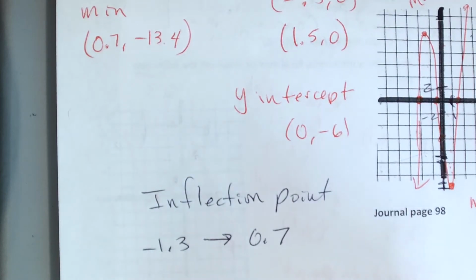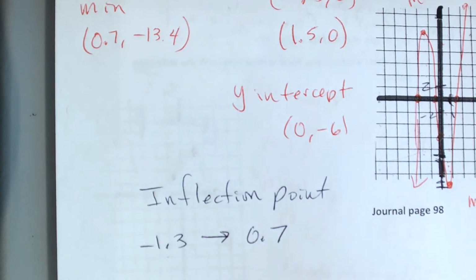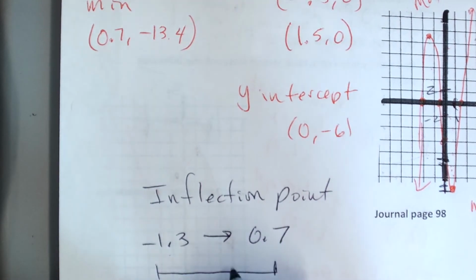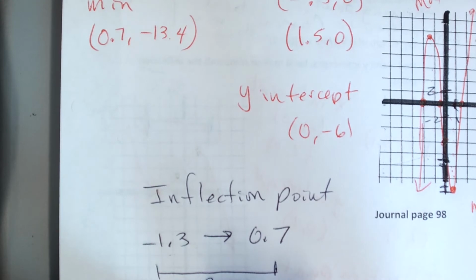That's the spread from max to min as far as x values. If my inflection point's in the middle, then I go 1.3 to 0, plus 0.7, so my spread between the two is 2 units.